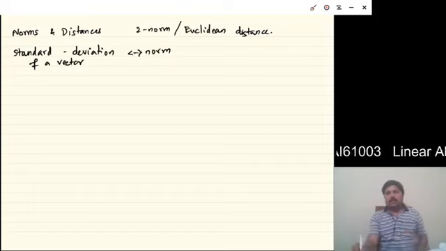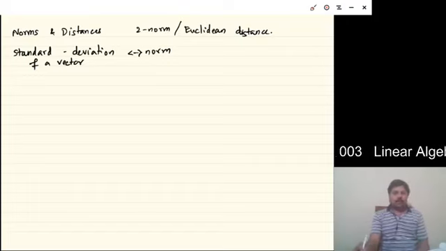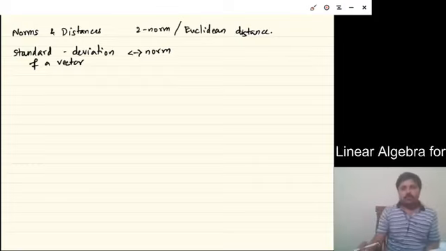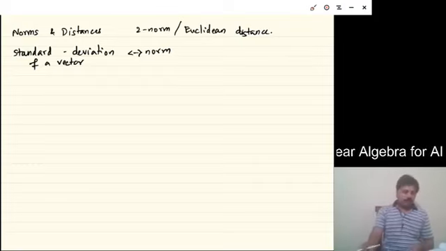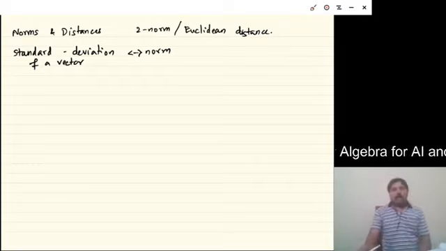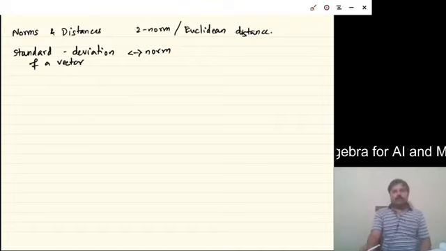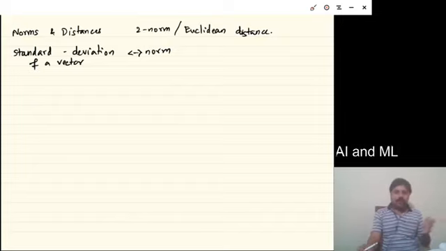This generally is not covered in a usual linear algebra course. This is very specific to this particular course because in data science or in AI ML applications, if you have some hands-on experience previously, then you would realize that many times you decentralize the vector.